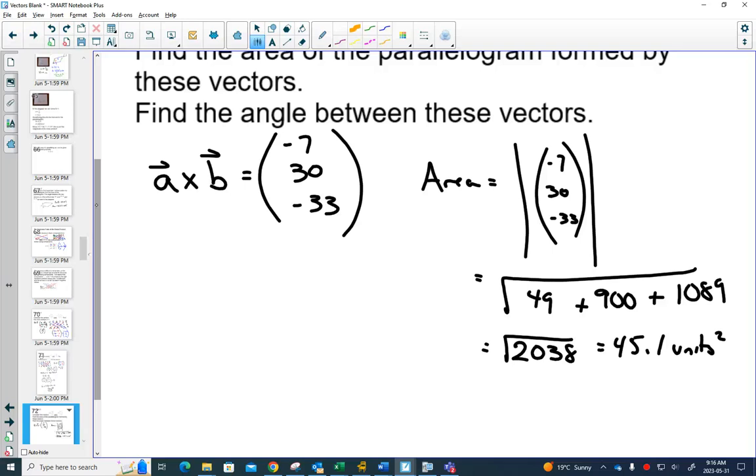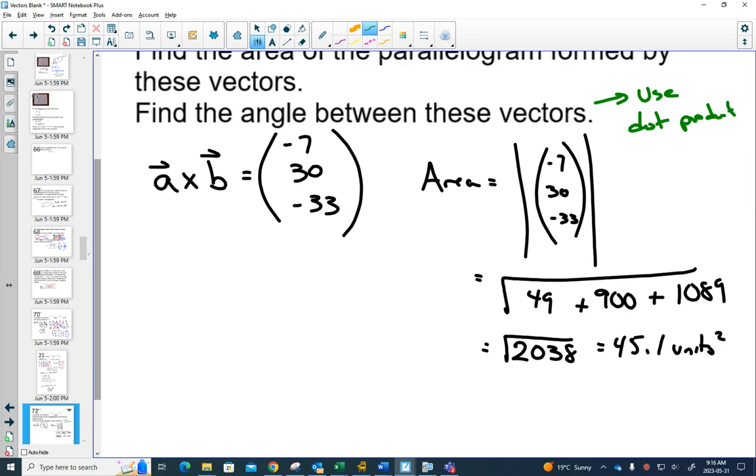But if you use the dot product, your dot product will either be positive or negative, and you can tell whether it was supposed to be acute or it was supposed to be obtuse. So it is always better to use the dot product when finding the angle between two vectors.